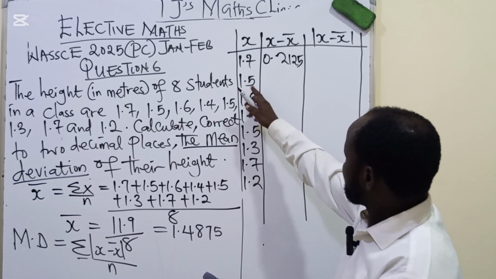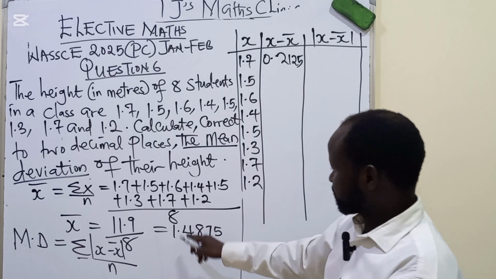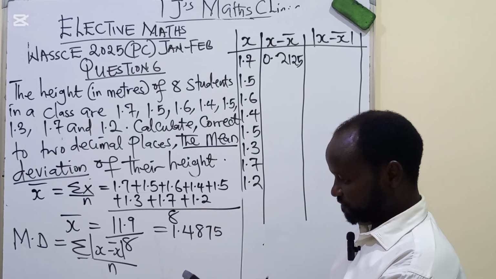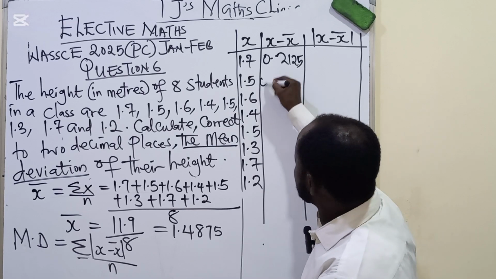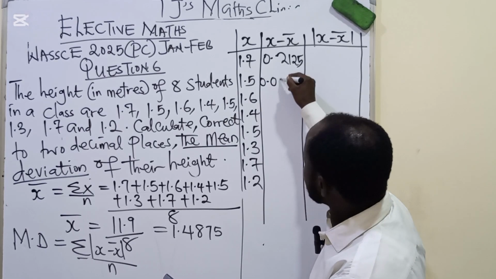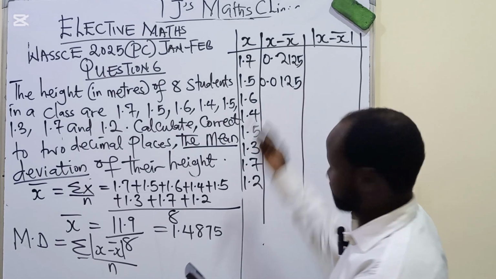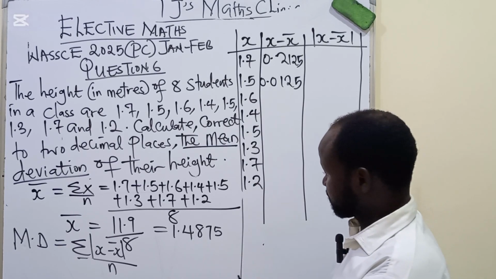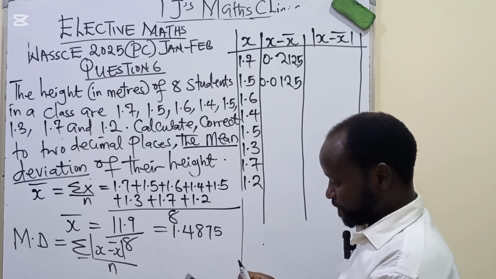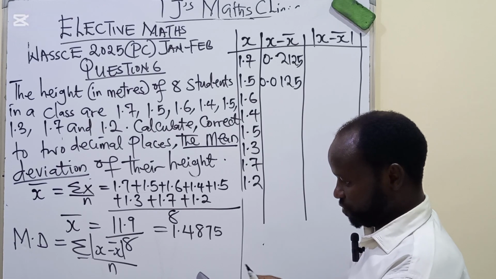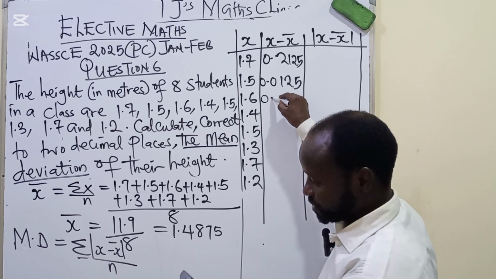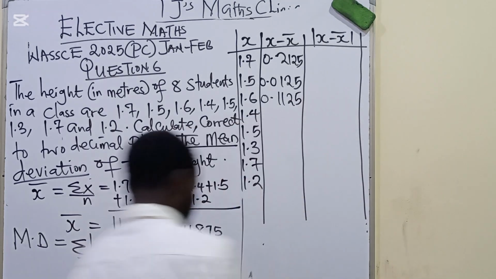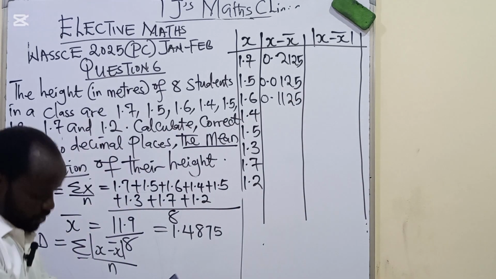Next, 1.5 minus the mean, 1.4875. We'll have 0.0125. Next, 1.6 minus 1.4875. I hope we're together. That will be 0.1125.